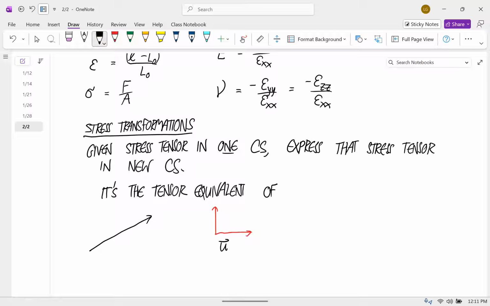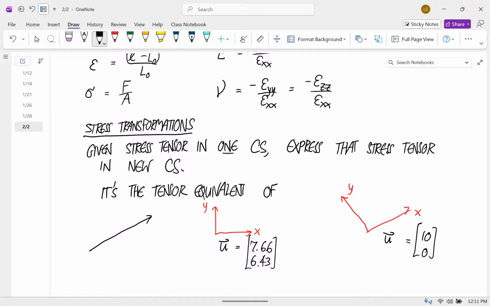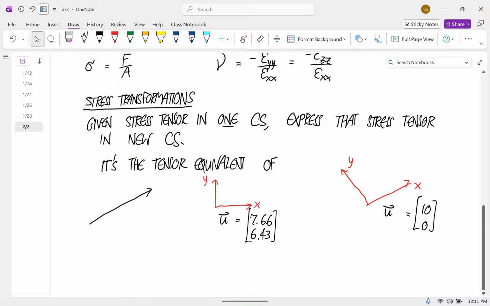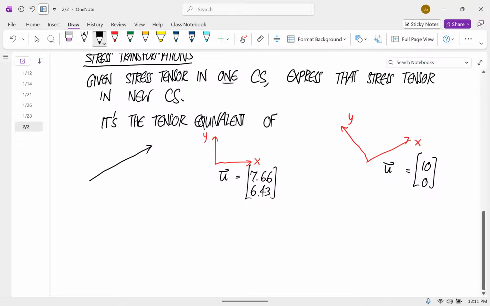The components are 7.66, 6.43, and in a coordinate system like this, the components are 10, 0. Okay, it's still the same vector, it's just you're expressing it in a different coordinate system, and we're going to do the same thing for tensors. Okay, so to do that, we're going to use rotation matrices.